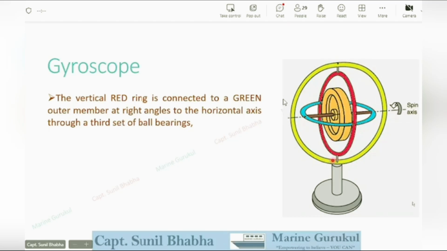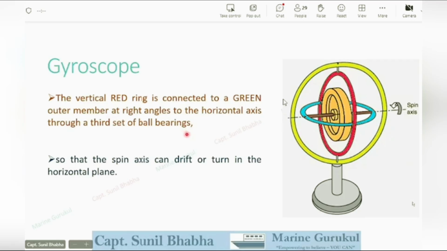Now at these two connection points, we have a third set of ball bearings. So the vertical red ring is connected to a green outer member, and these connection points are at right angles to the spin axis as well as the connection point between the blue and red rings. So right angles to the horizontal axis through a third set of ball bearings.